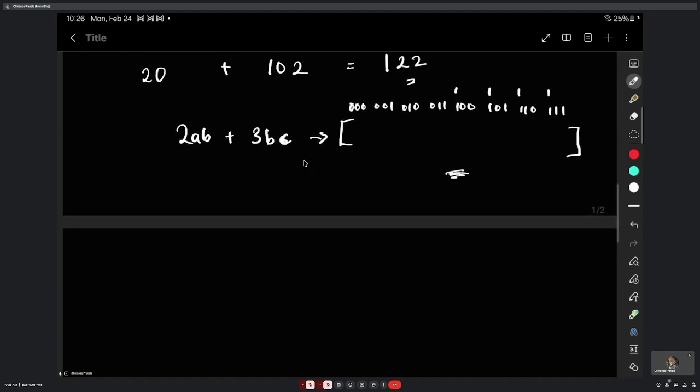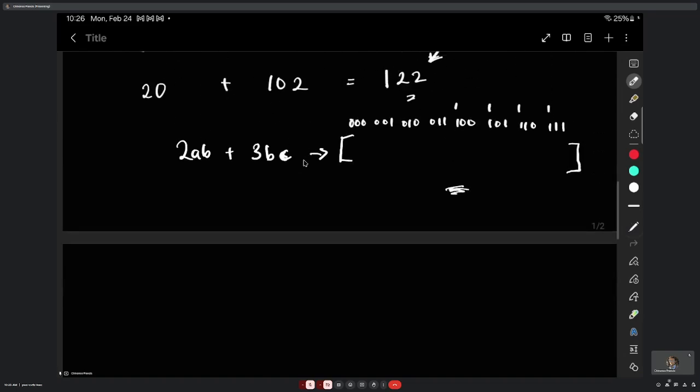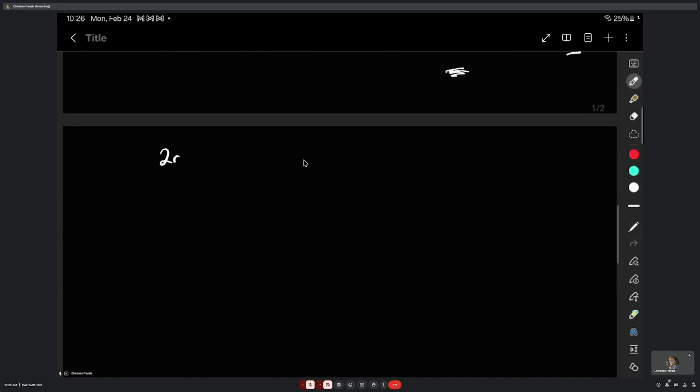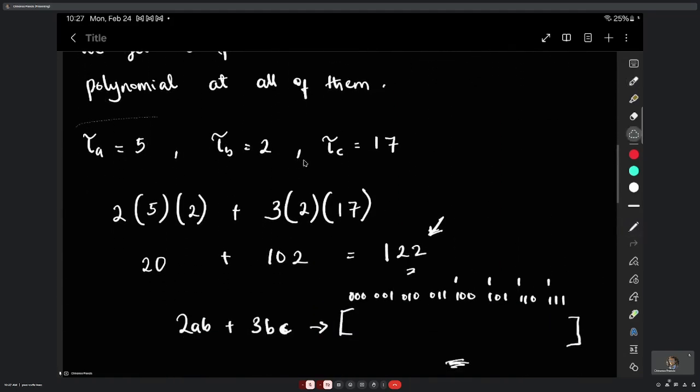So we have the polynomial, let's say 2ab plus 3bc, and we said let our tau of a be, let me just copy it.